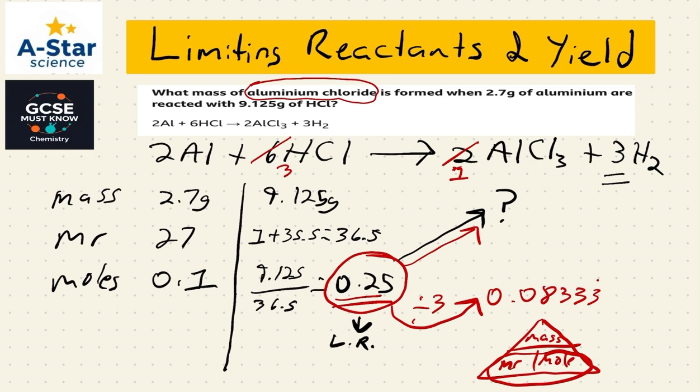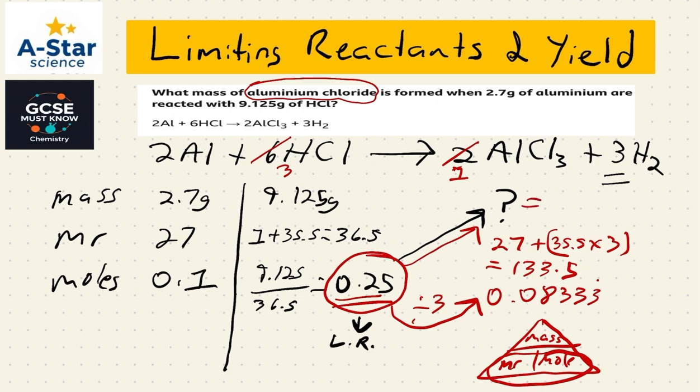Well, what's the MR of aluminum chloride? Aluminum is 27. Chlorine is 35.5 times 3, because there's 3 of them there. Let's quickly put that in. 27 plus 35.5 times 3 equals 133.5.